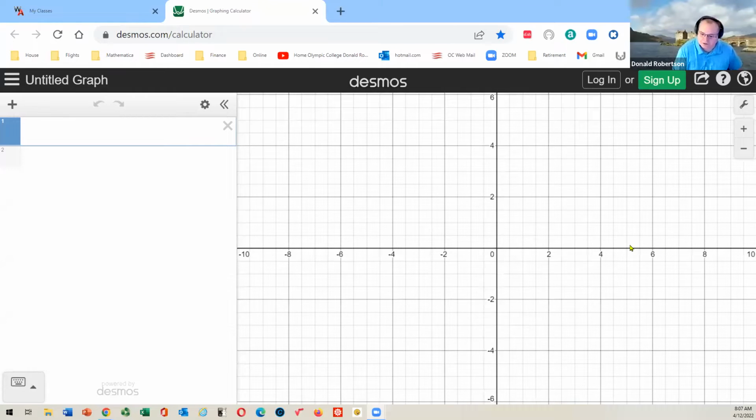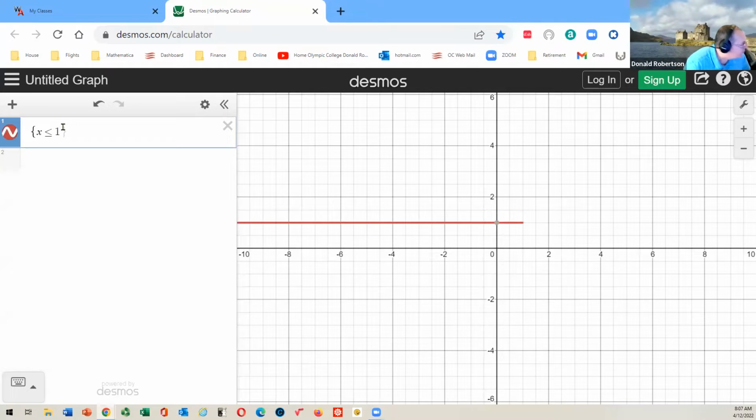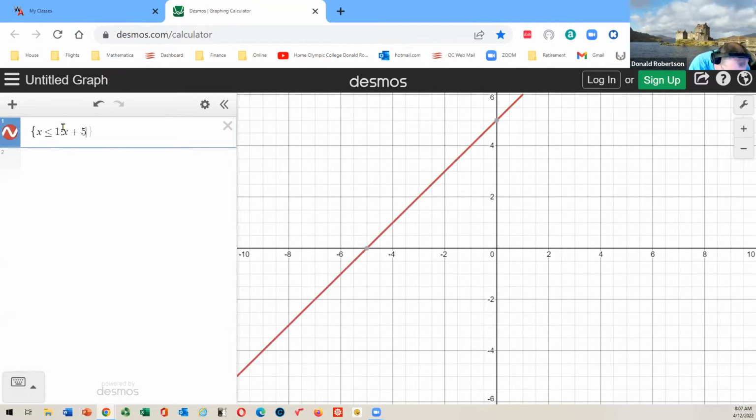Okay, in question 11, we have a function that is x plus 5 when x is less than or equal to -1, and it's 2 to the power of x when x is greater than -1. Now in Desmos, if you want to make a piecewise function, you do a little curly bracket and you put in x less than or equal to -1. Then you do a colon, and you don't type in y equals x plus 5. You just type in the x plus 5 part and then you finish the colon.